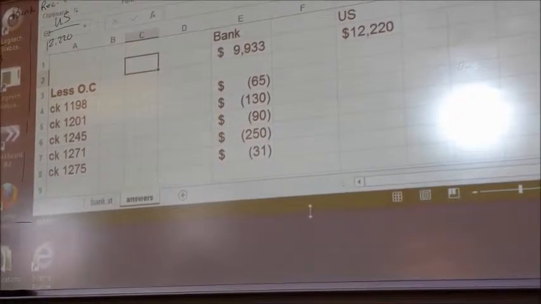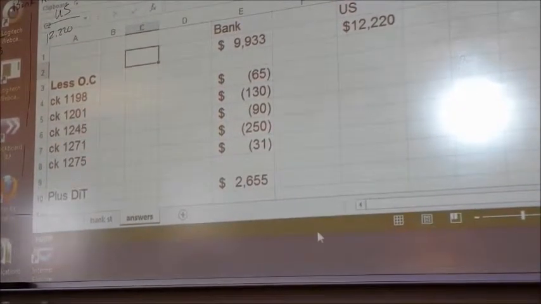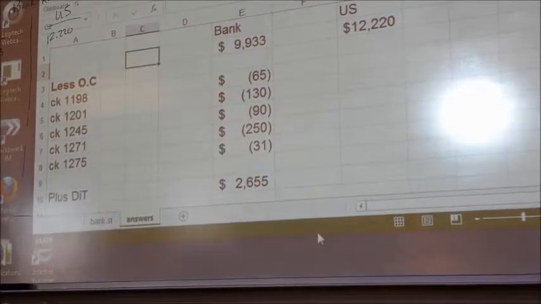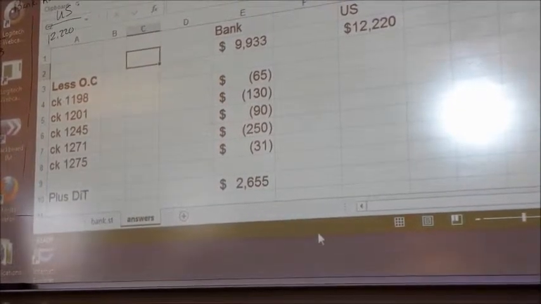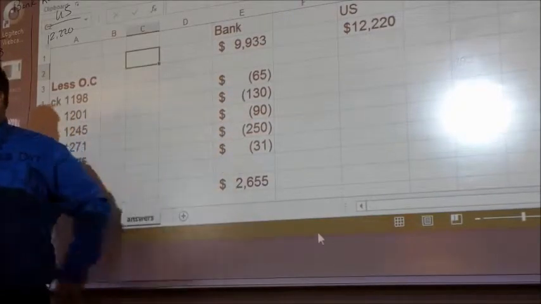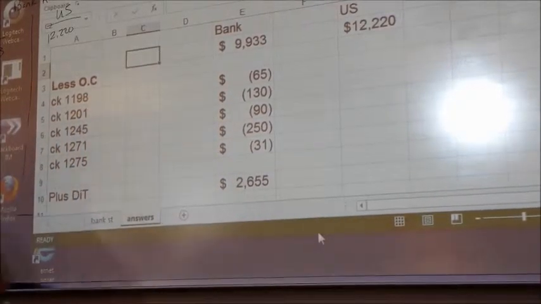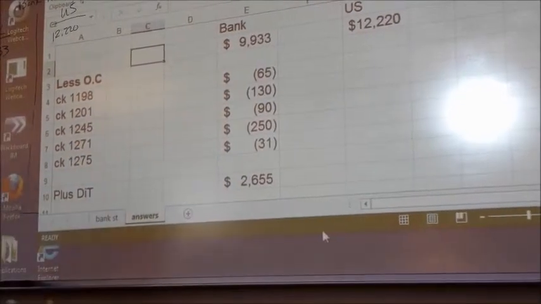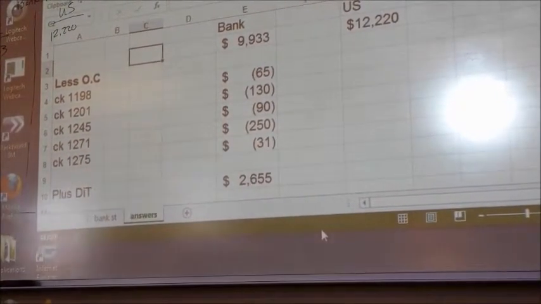And then I did see that we had a deposit that we made that wasn't showing up on the bank either. Remember, anything on the bank side, we don't do journal entries for. We've already done them. I've already shown that I have a check written for $65. I don't want to do that again.